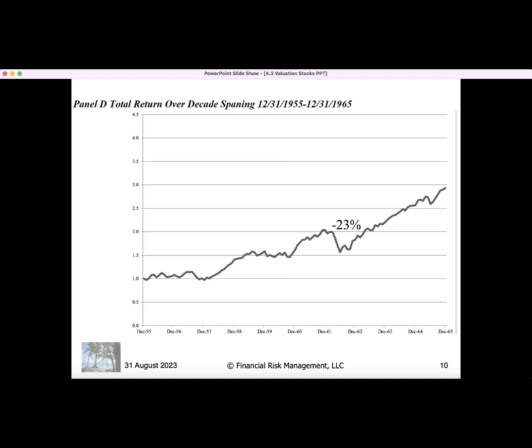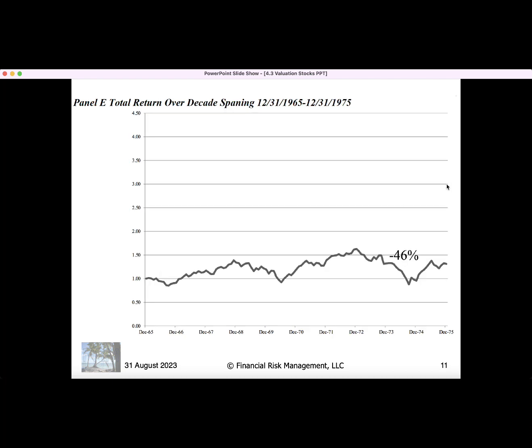From 55 to 65, we have the similar upward sloping trend again. In the early 60s, I think this is the Cuban Missile Crisis and related events, the market was down 23%. However, over this period, the market was up. $1 invested resulted in almost $3.